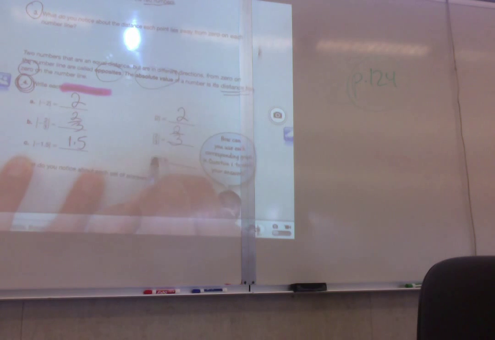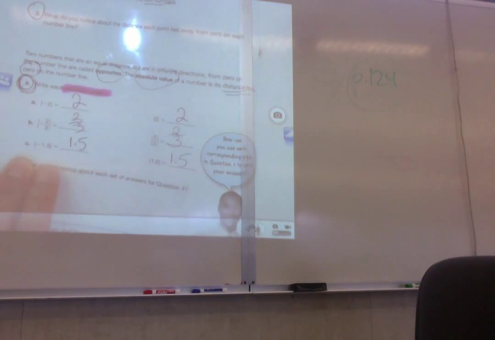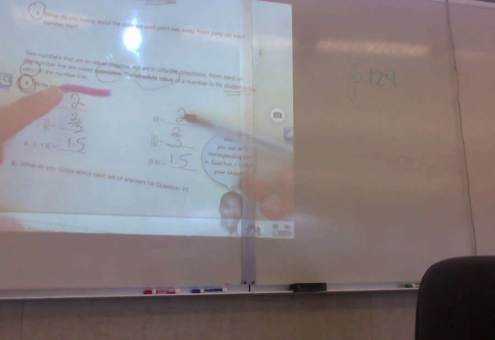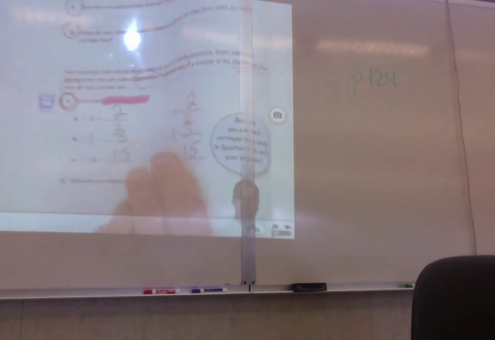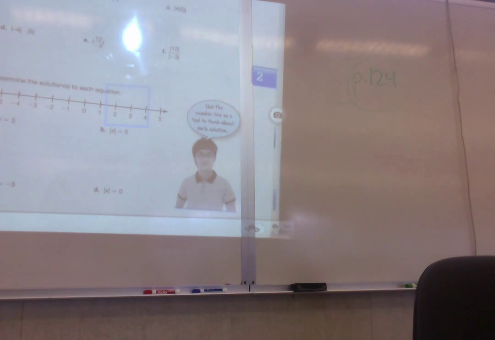Yes. Okay. So absolute value is always a positive number. It relates to the opposite, but it's different. You have to be careful. Opposites have a plus or a minus. Absolute value is always a positive. Now, take a look at number 6.